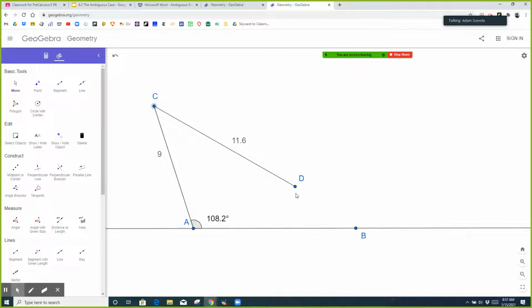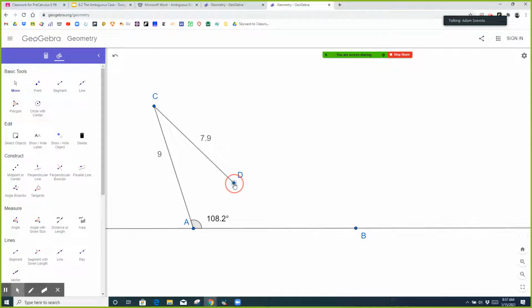Now, if I keep that given angle obtuse and I just move around point D, we can see that we can either make a triangle, or we can't make a triangle. So when the given angle is obtuse, there's two possible things that could happen.